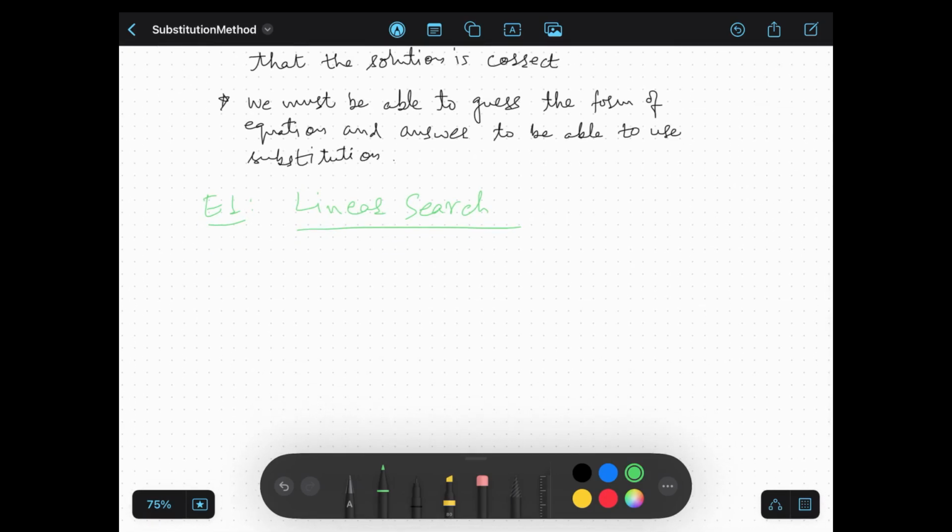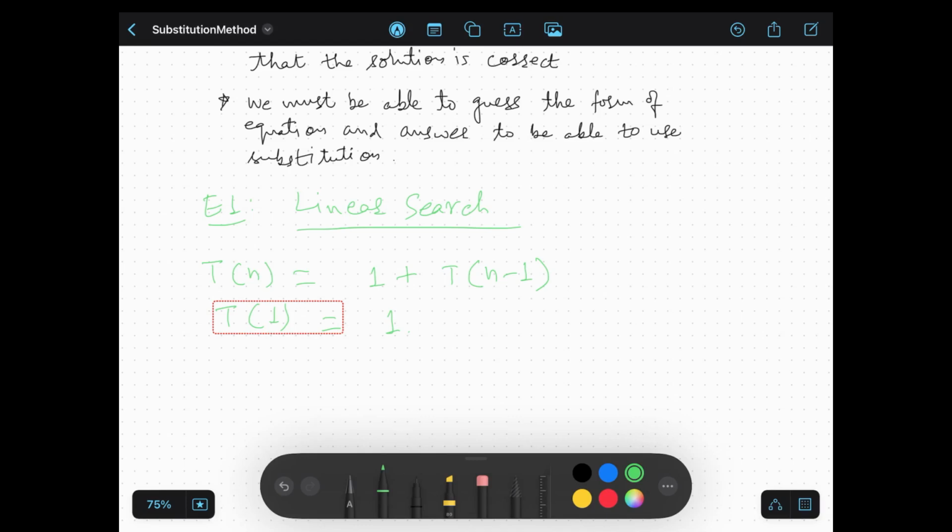So the recurrence for linear search looks like this, and when we talk about recurrences, which are actually recursive functions, we talk about a base case.